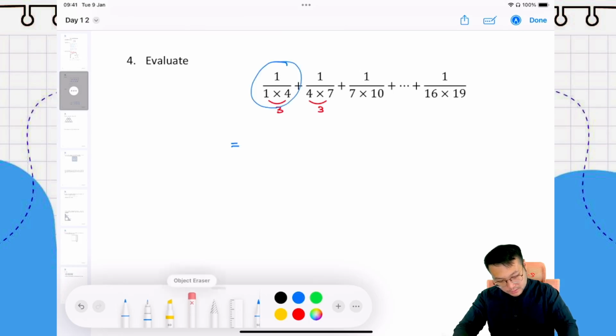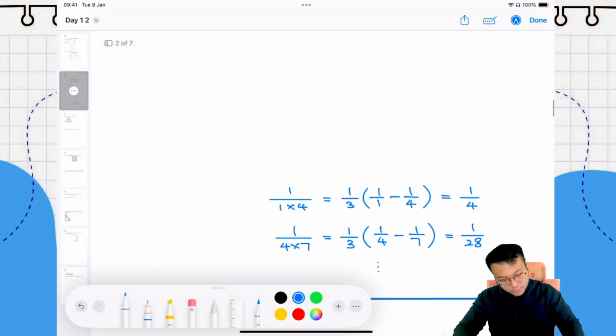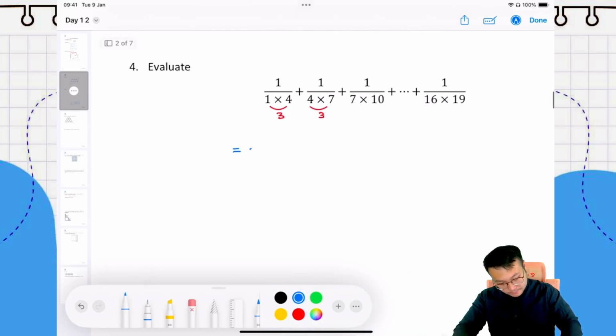Now let's look here. We know that 1 over 1 times 4 actually equals 1/3 times 1 over 1 minus 1 over 4. Okay? So I'm going to write down 1/3 times 1 over 1 minus 1 over 4.